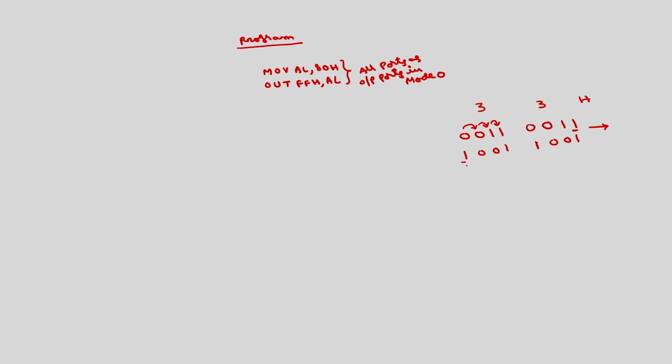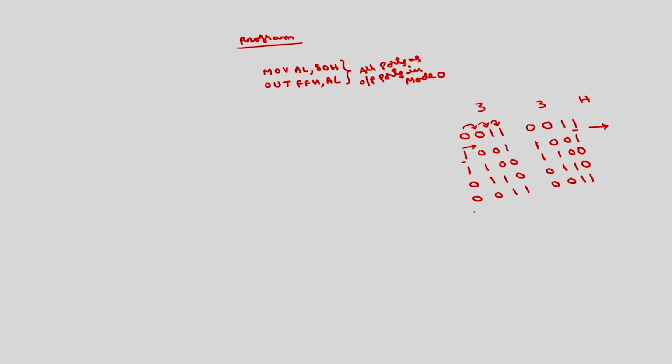After the second rotation, in a similar manner, this bit 1 will come here and all the remaining bits will be shifted to the right by 1 bit position. So this will be 1 1 0 0 1 1 0 0. After the next rotation, 0 1 1 0 0 1 1 0. Next will be 0 0 1 1 0 0 1 1.